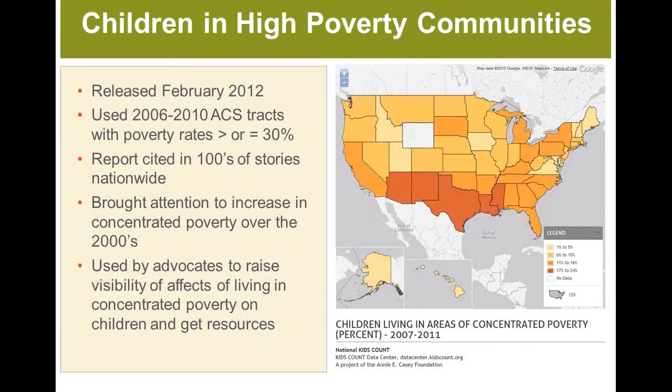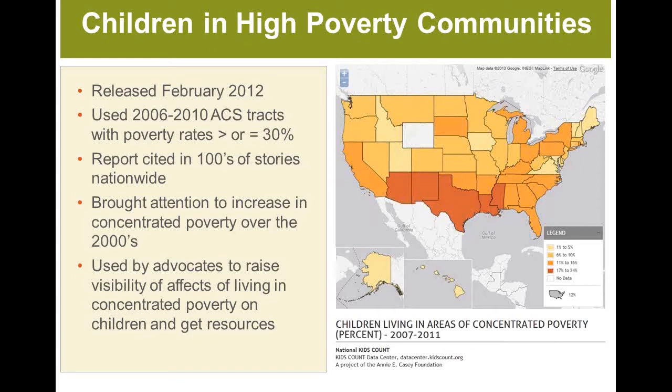So just real briefly, I want to talk about the data snapshot on children in high poverty communities that we did with the Population Reference Bureau's help in February of 2012. The report was released. That report used the 2006 to 2010 ACS census tract level data, and it looked at census tracts with poverty rates higher than or equal to 30%.